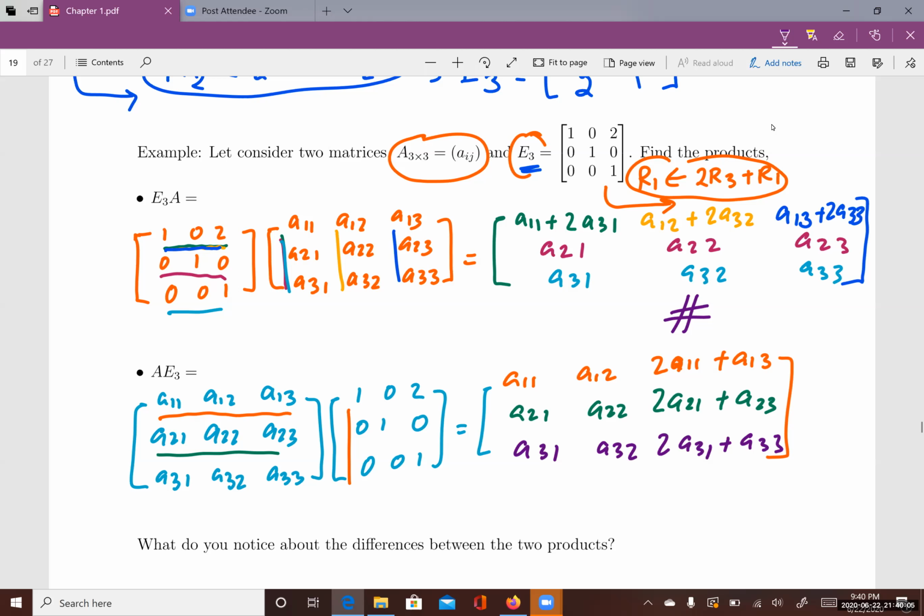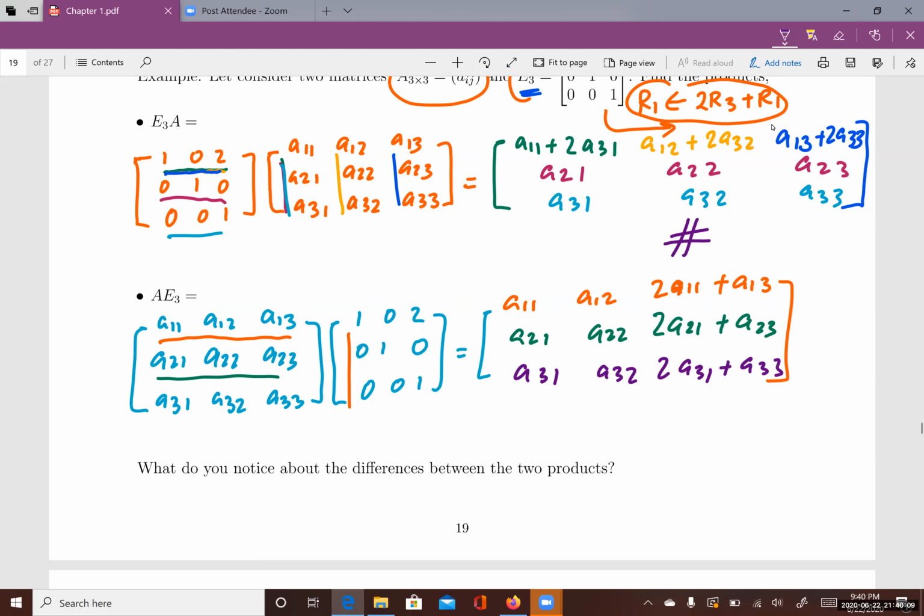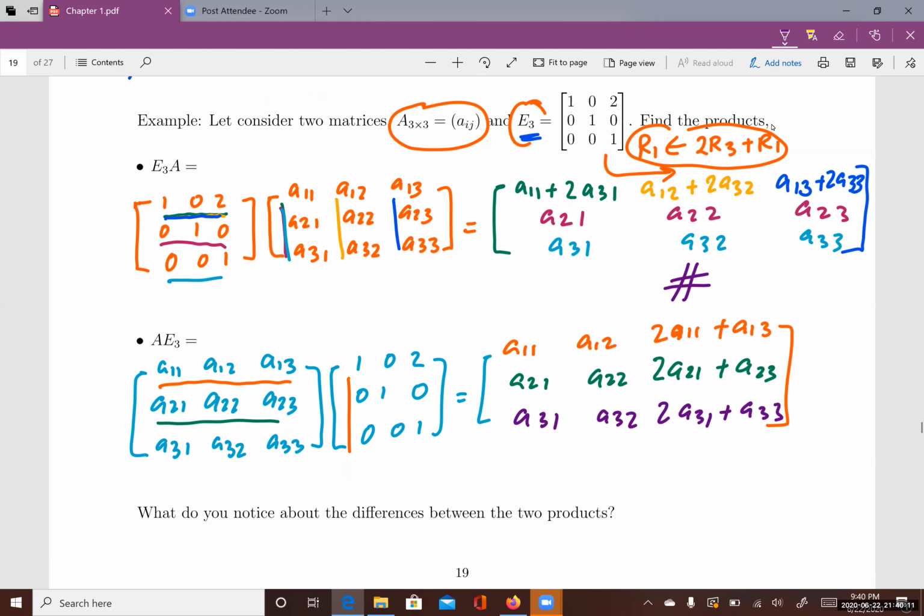How different they are. Well, if you multiply a matrix by an elementary matrix on the left, what you did was you transforming the rows of the original matrix A, right?